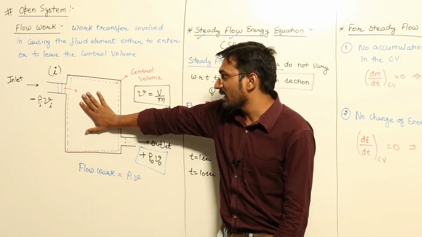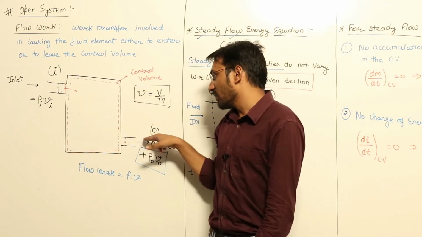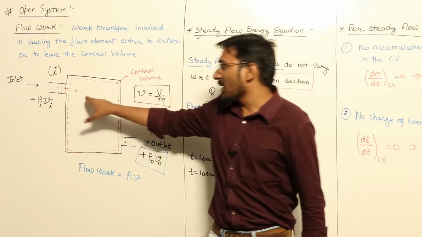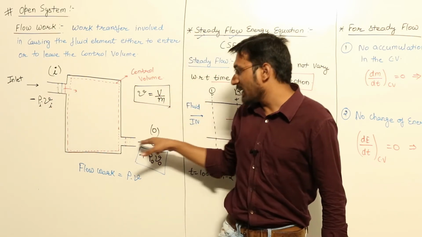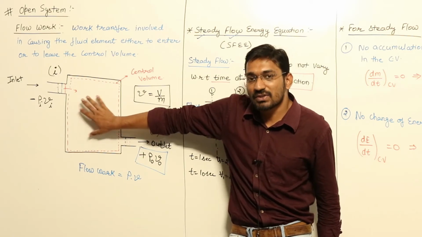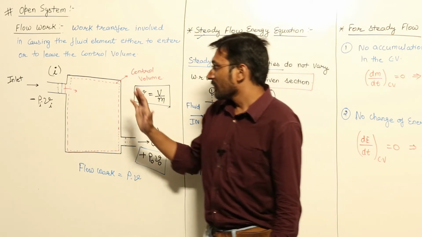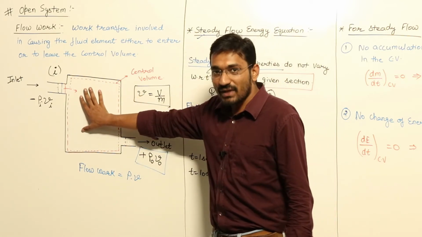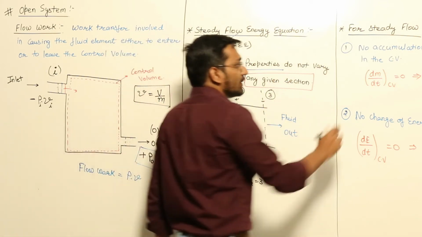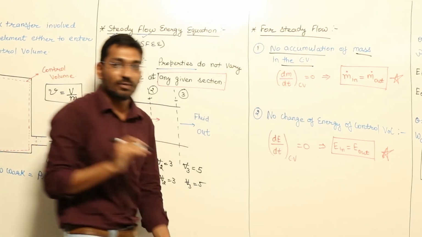What can change in this? Suppose mass is coming, mass goes out, so mass can change. Suppose 3 particles enter, only 2 particles leave, 1 particle is still inside this system, so the control volume mass will change, right? So the first condition for a steady flow is there should not be any accumulation of mass in the control volume.